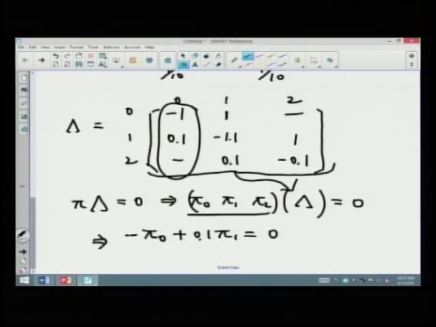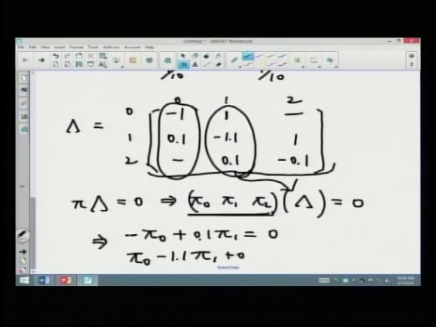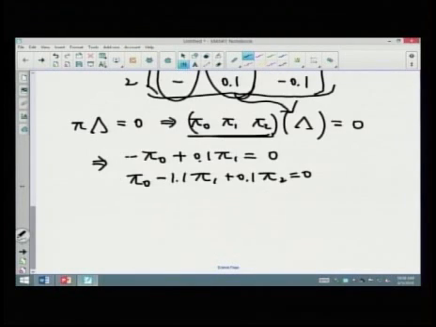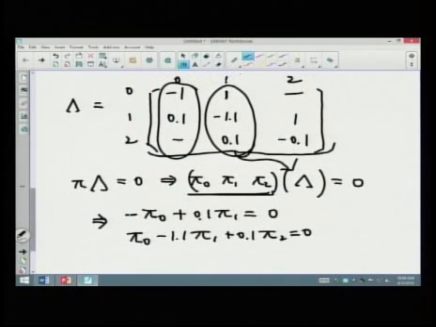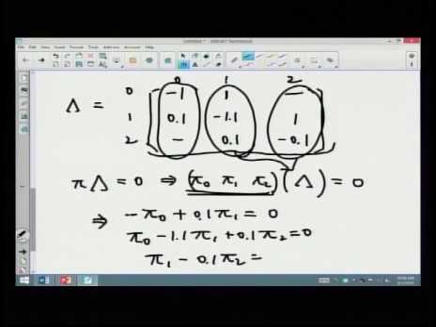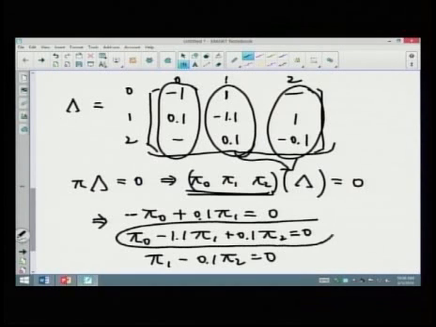The second equation is pi times second column, right? So pi 0 minus 1.1 pi 1 plus 0.1 pi 2 equals 0. And then the third equation is pi times the last column of matrix lambda. So pi 1 minus 0.1 pi 2 equals 0. Of course, we're going to arbitrarily choose one of the equations and remove it, right?